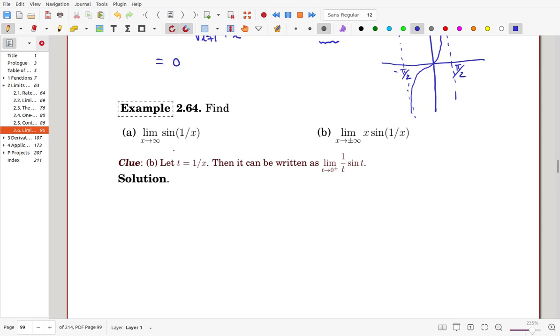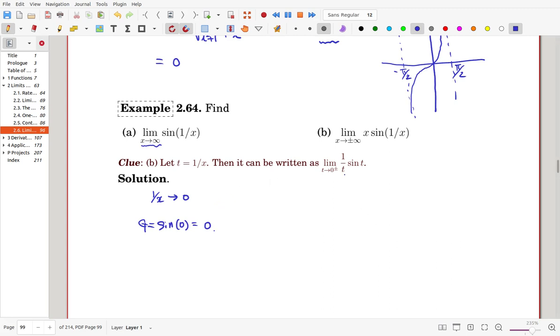Now let's try to find the limit. As x approaches infinity, we easily see that 1 over x is approaching 0, so the limit can be applied first. It's the same as sine of 0, which is 0, quite simple.